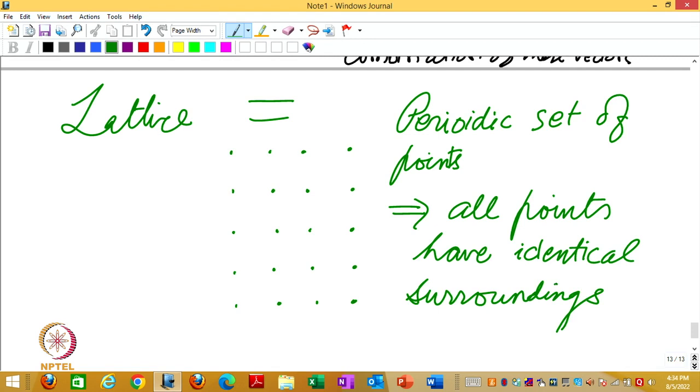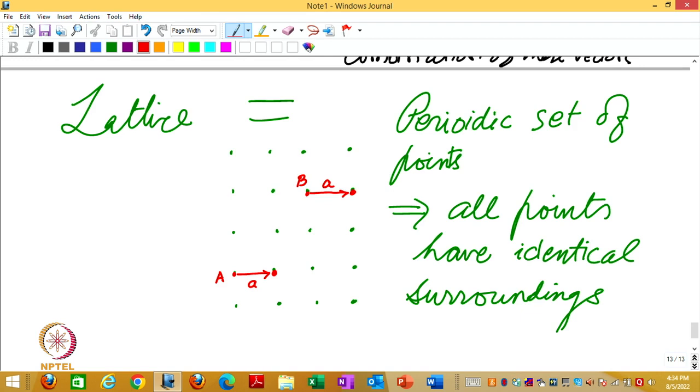Now, the question, so first let me see this surrounding thing, identical surrounding. So, this is a lattice point, let us say the lattice point A, and this is another lattice point B, and they have identical surrounding. What do I mean by that? If I go in the horizontal direction by distance A, I find a neighbor. If I go in the same direction, that is horizontal direction, and in the same sense, that is to the right, by the same distance, I should find an identical neighbor.